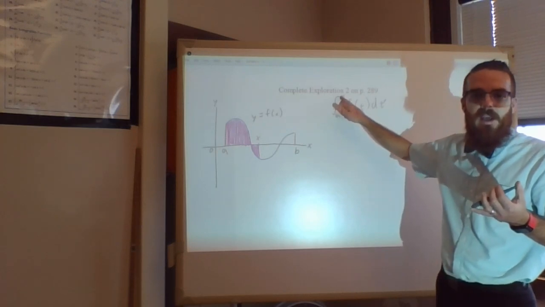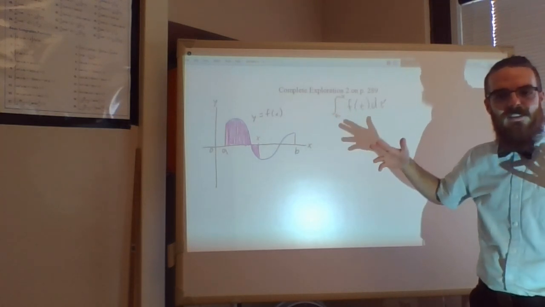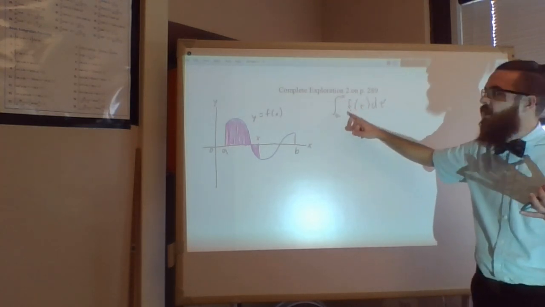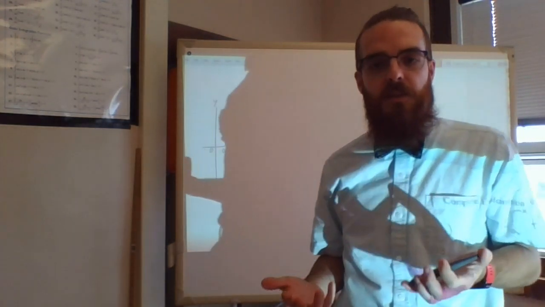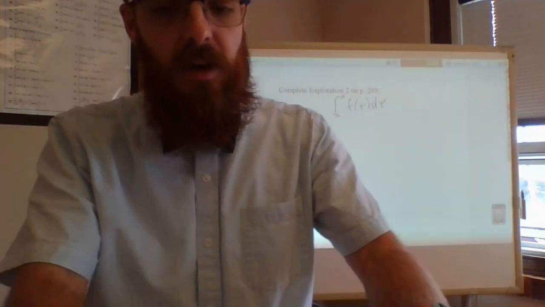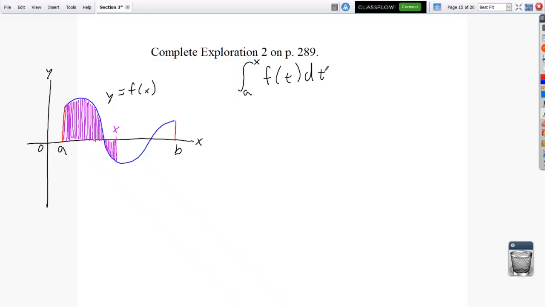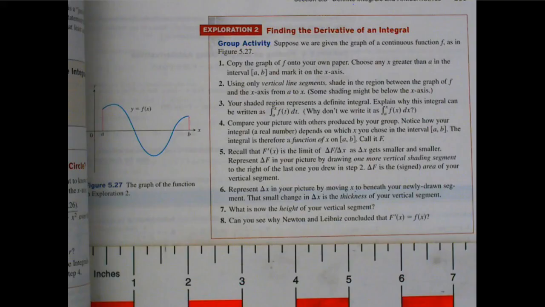So our upper limit has to be that variable x. Since we already used it up here, we have to use some other dummy variable inside of the integrand and the differential just to make the math work here. So that is why we don't use the integral from a to x of f of x dx.